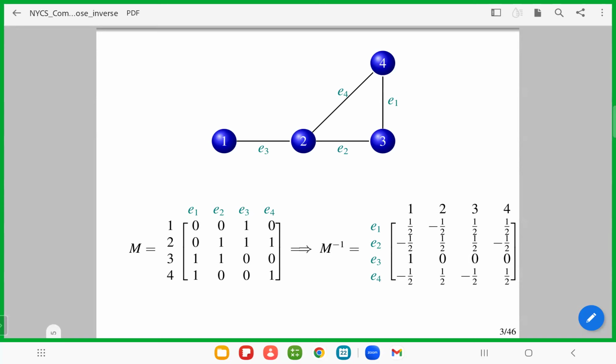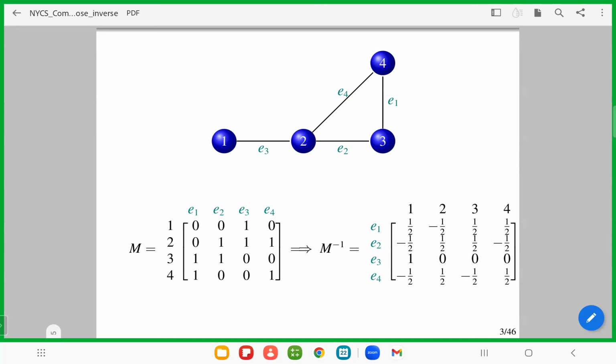I'm not sure what the sign is saying, but if you try to understand the pattern, you can see that for the edges on the cycle, edge 1, edge 2, and edge 4, rows 1, 2, and 4, the entries are 1/2 and -1/2. For the edge that is not on the cycle, edge 3, the entries are 1 or 0.